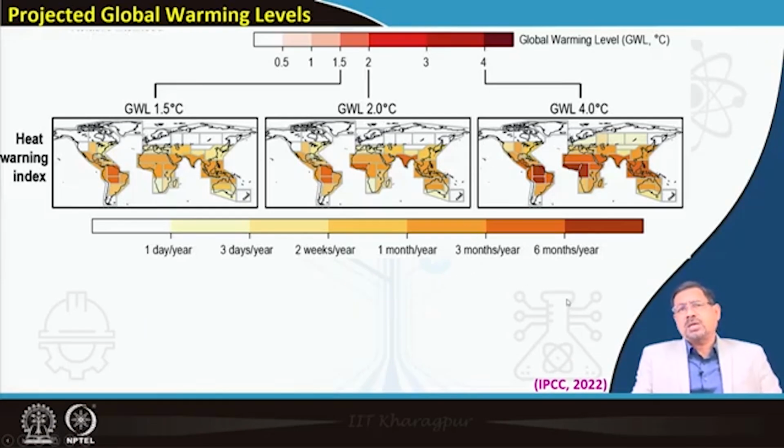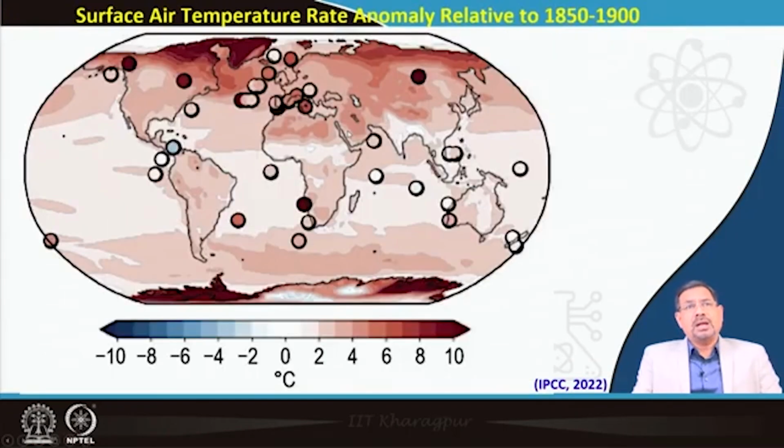So, how many days or months per year we will experience the heat warming effect. What we observe from here is that the tropics, on both sides of the equator, are going to be warmer at a much faster rate than the higher latitudes in either of the hemispheres. So, you can understand and interpret it that way.